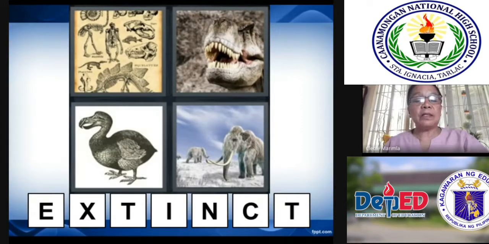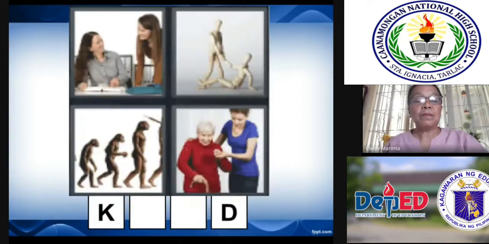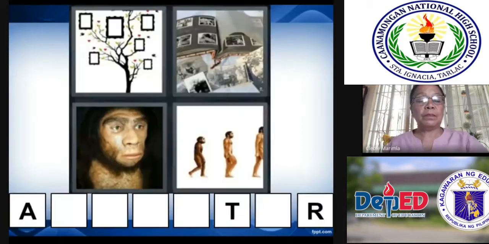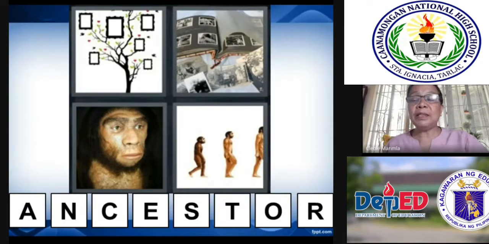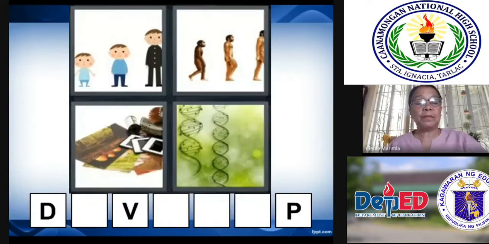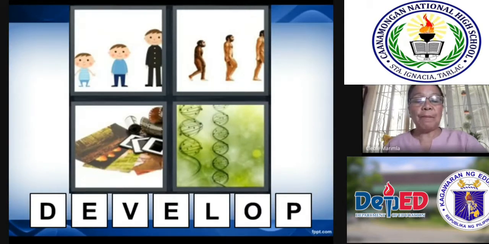All right. Number 3. Kind. Correct. Number 4. Ancestor. Excellent. And number 5. Develop. Nice performance. Truly, you are enthusiastic learners.